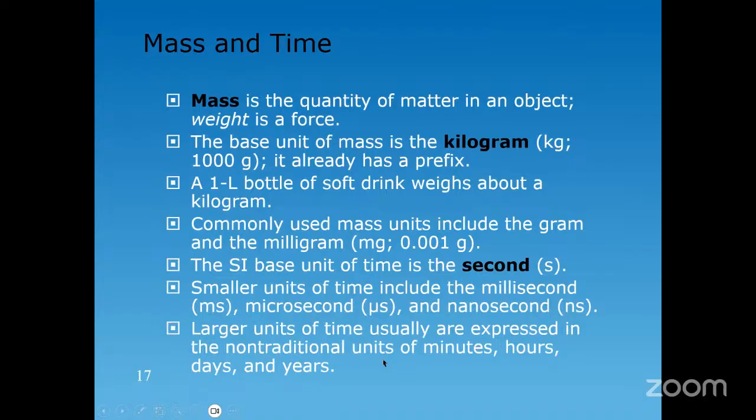And when it comes to larger units, we tend to use units such as days or hours. To be perfectly honest, I can't recall ever seeing anything like kiloseconds or megaseconds, right? Not that it can't happen or it doesn't exist, but it's not often used, all right? So when it comes to larger units of time, we tend to use things like years, months, hours, and so on.